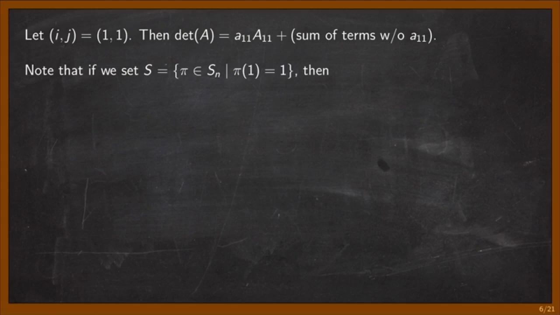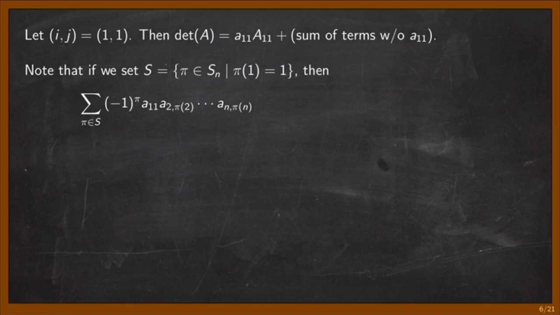Therefore, when we consider the terms in the determinant that choose a permutation pi from S, you see that this corresponds to those terms whose first factor is a11, because pi of 1 is 1.